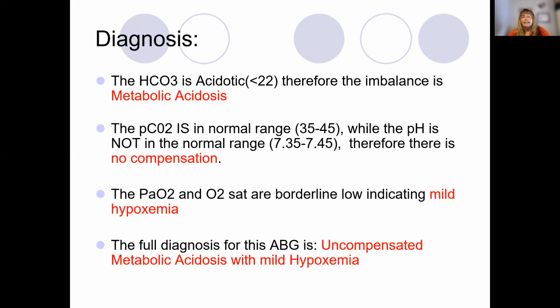The PCO2 is in the normal range of 35 to 45, while the pH is not in the normal range of 7.35 to 7.45. Because it's not in the normal range, there is no compensation. The PaO2 and the O2 sat are borderline, indicating mild hypoxemia. So the full diagnosis for this ABG is an uncompensated metabolic acidosis with mild hypoxemia.